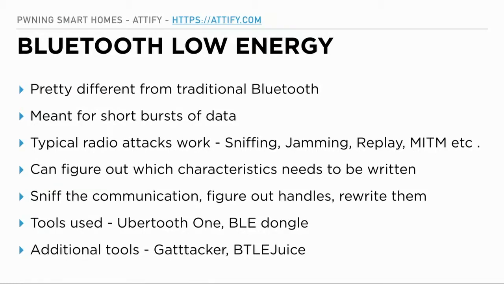Let's say this is in fact a smart lock. If I lock or unlock this device using my smartphone, I can capture that particular traffic and figure out what actual values are being written on this device. Once you figure that out, you can write your own values.